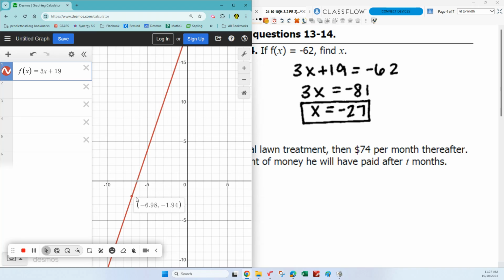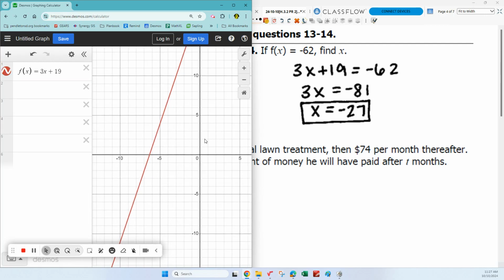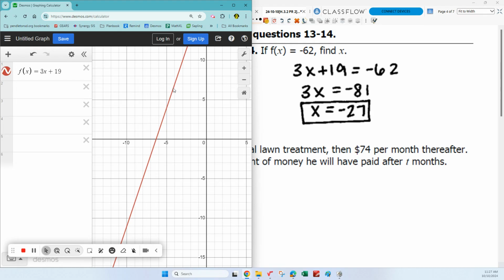That's going to be kind of time consuming, and this thing takes little tiny steps when I drag it. It might even skip over negative 62. There's no guarantee it's even going to hit negative 62. So how could I make that a little better? I want to find the place on the red graph where the y coordinate is negative 62, because the x coordinate at that point is my answer, right? Everybody get that? These ordered pairs are all just inputs and outputs, right? I want to find the input when the output is negative 62. We need a better strategy, though.